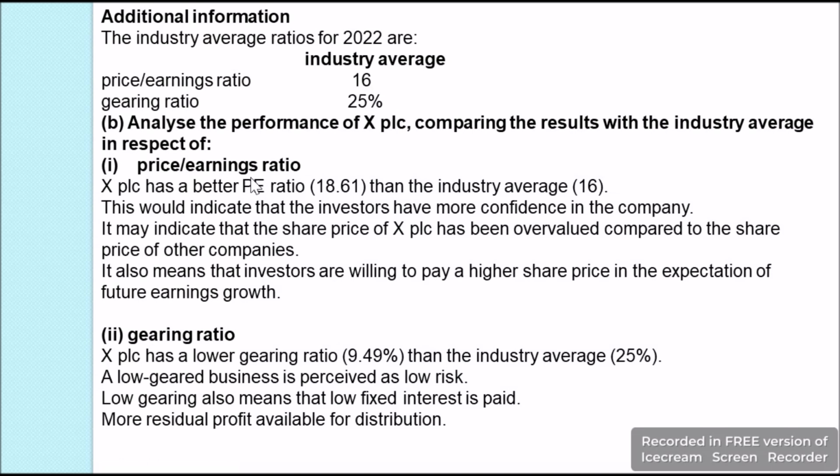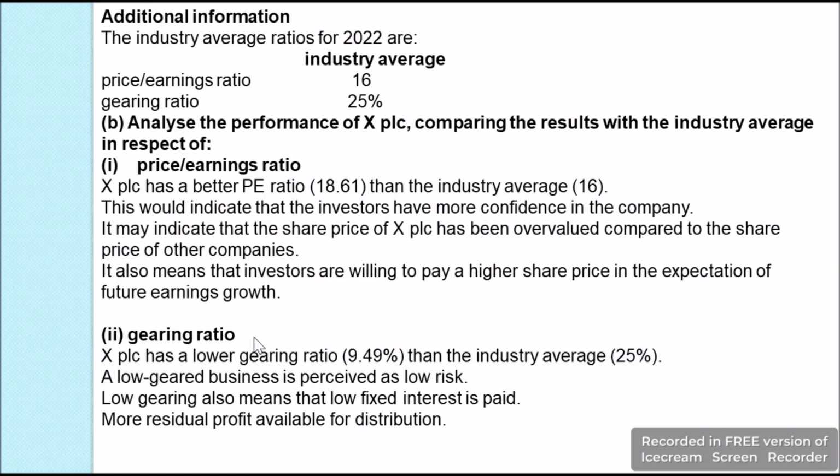We have calculated the price earning ratio earlier for XPLC and it was 18.61 times, and here the industrial average is 16 times. This shows that the investors have more confidence in the company, hence the market price of XPLC is higher when compared to the market price of other companies, and it also shows that the investors are willing to pay a higher share price as there is an expectation of future growth of XPLC.